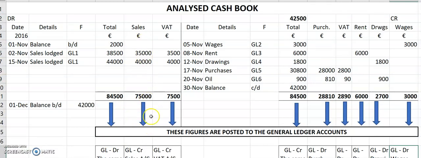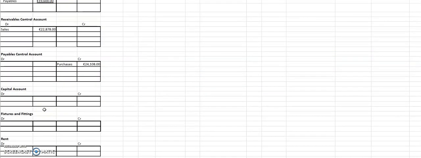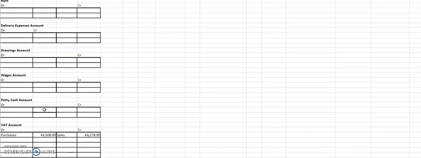Sales account 75,000. It comes from the cash book. Okay. So the VAT is credit side as well. So VAT down at the bottom. Credit side as well, 7,500 that was. I'm going to call that cash.